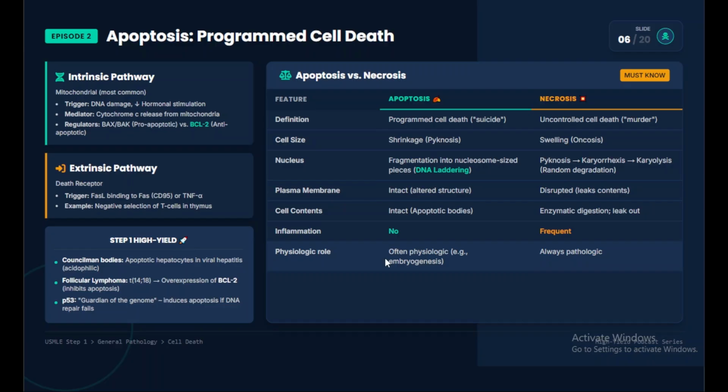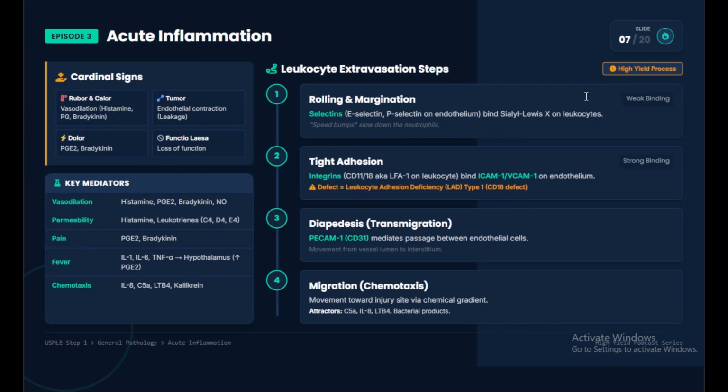Okay. Now, we have seen necrosis, which is messy with inflammation, and apoptosis, which is programmed cell death. Now we will shift our discussion towards inflammation. We are done with apoptosis, and now we will continue with something related to necrosis, which is acute inflammation.